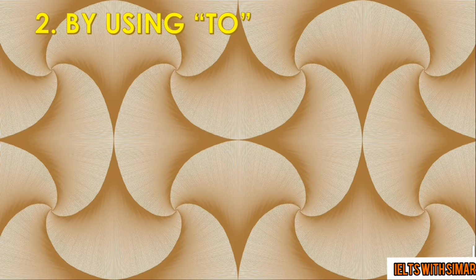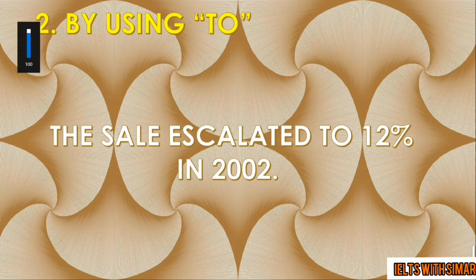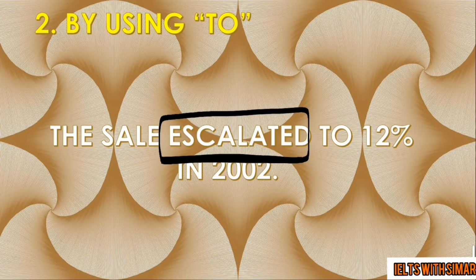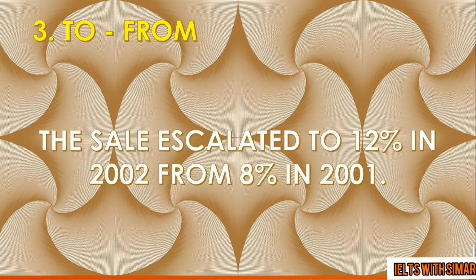By using 'to'. How can you use 'to'? It's very simple. The sale escalated to 12% in 2002. What is the meaning of escalate? It means increase. 'To' and 'from' is the third structure, which shows the difference between the two figures. Like, the sale escalated to 12% in 2002 from 8% in 2001. What I did here is that I wrote the second figure prior to the first. Look at the pointer.